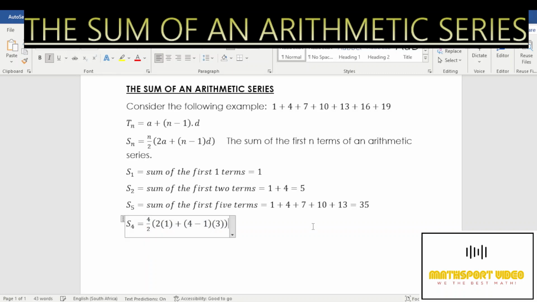If you type this on your calculator, you're going to see that the answer is actually 22. And if you go ahead and work out the first four numbers added together, it does actually equal 22. So a really useful little formula for summing up the first n terms of an arithmetic series.